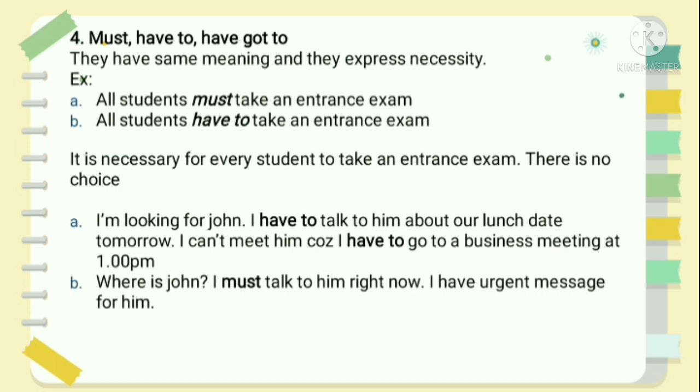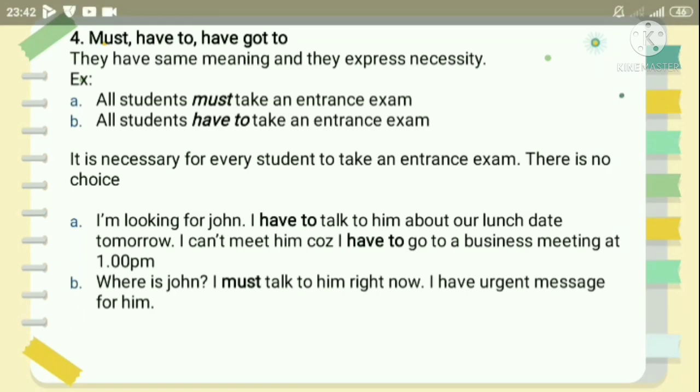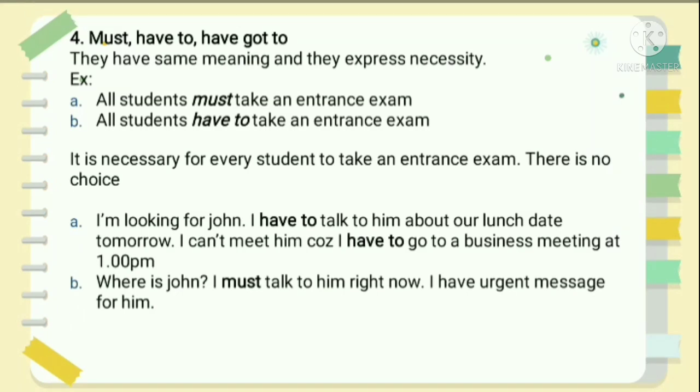So, as the example A and B, they have a different meaning here. Have to here expresses necessity, but must here is used to talk about something urgent. As you can see, sample A and B here, must has a stronger meaning than have to.